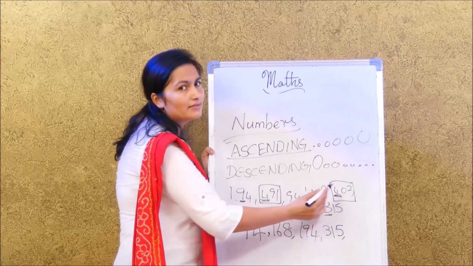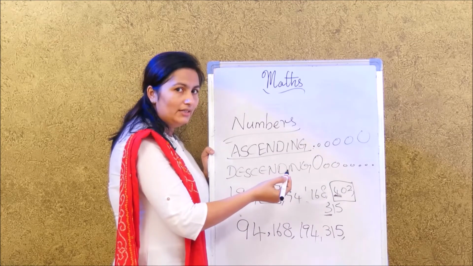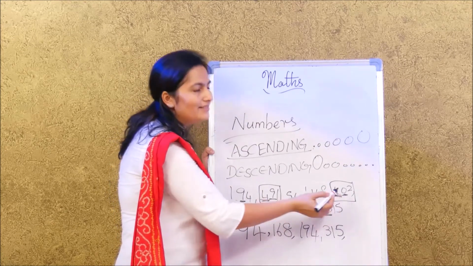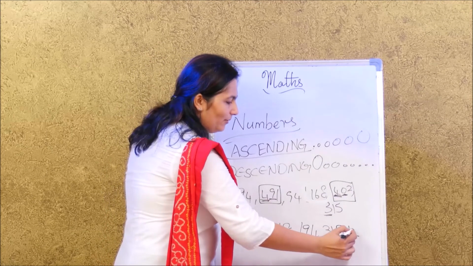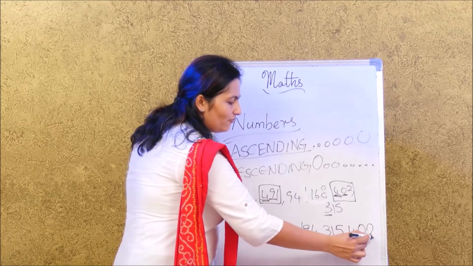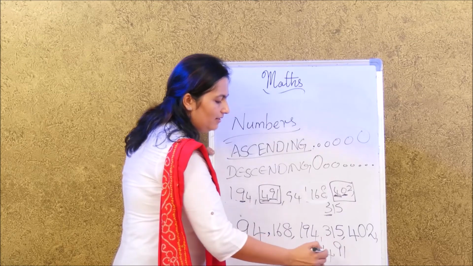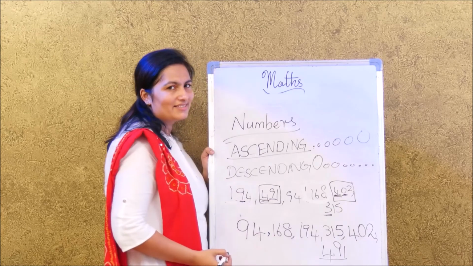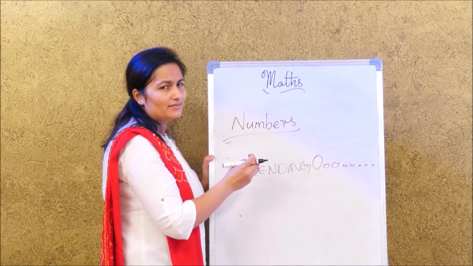This is the same 400. Okay. Let us move on to the tens to get our answer. Here it is 9, here it is 0. We got the answer. So, we get 402 and then we write 491. This is smallest to largest.